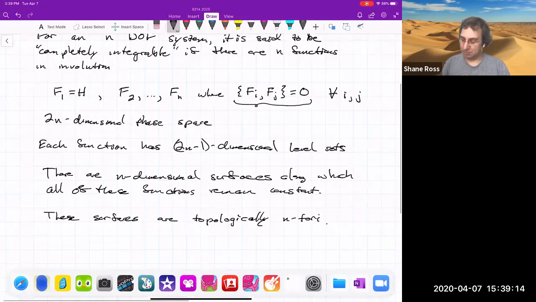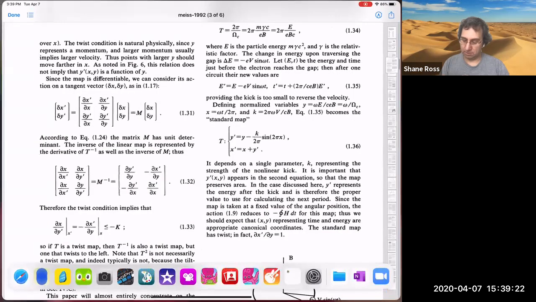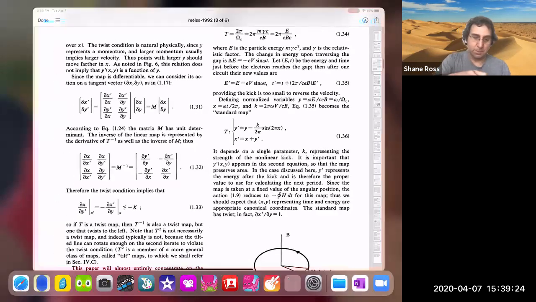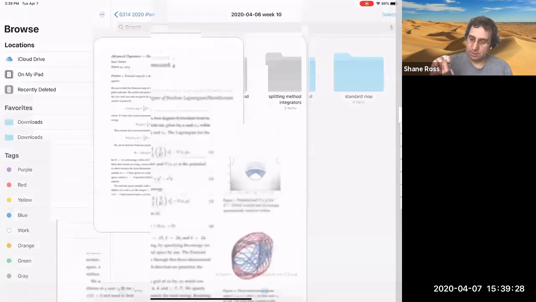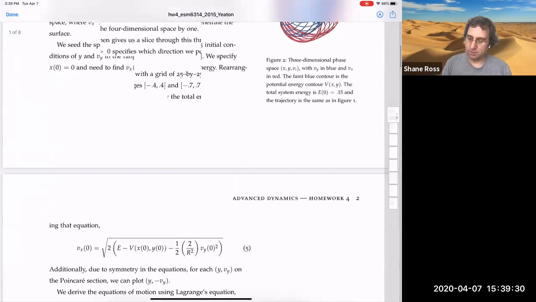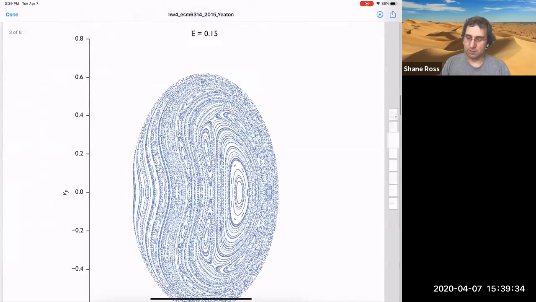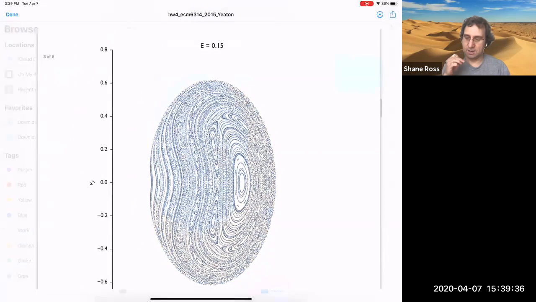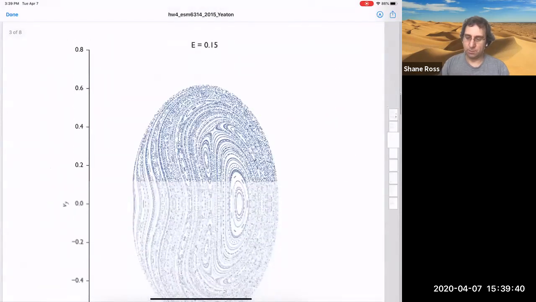So what is an application of that? If you did problem 2, the numerical problem, then you may have done a calculation. This is from an earlier homework from another student where he got the surfaces. So here's that Poincare section for E equals 0.15.